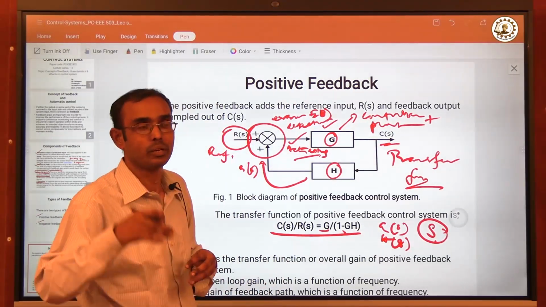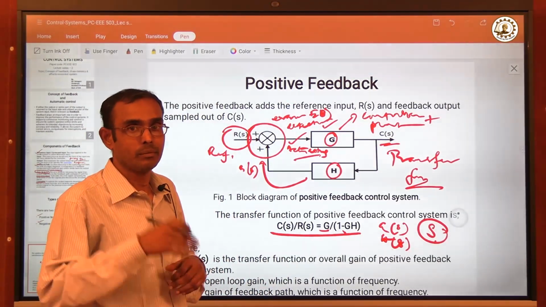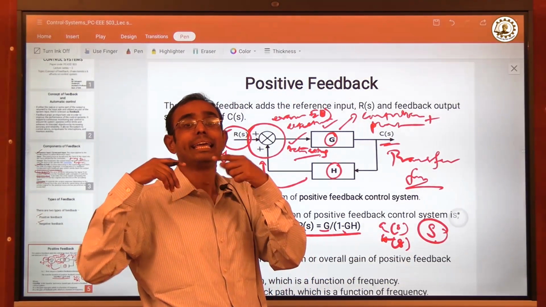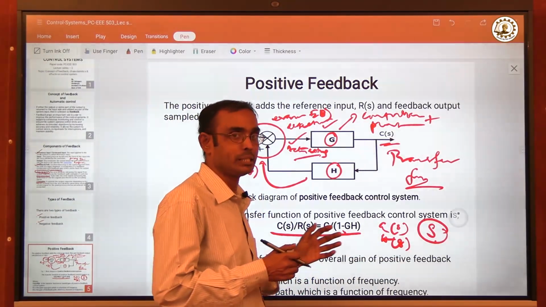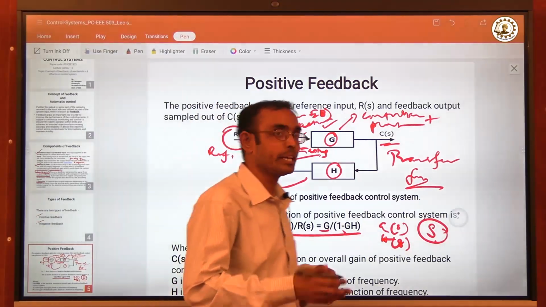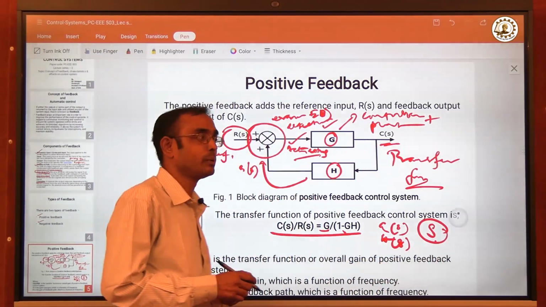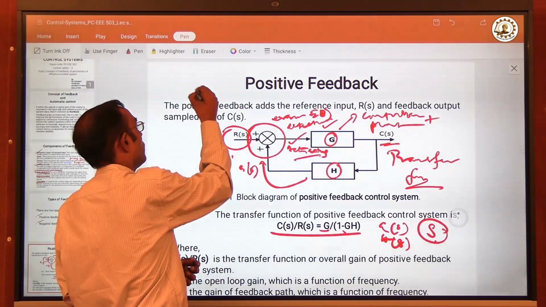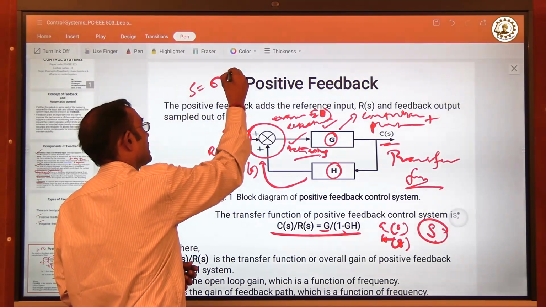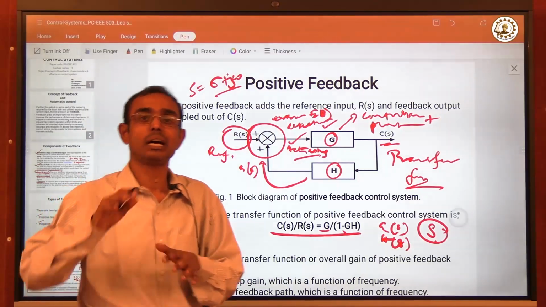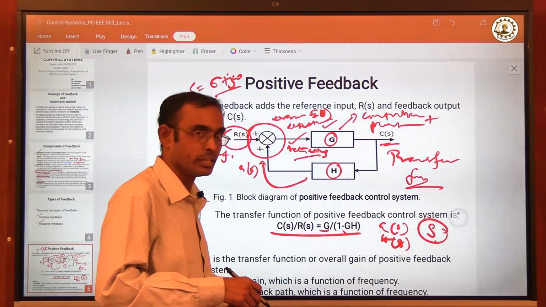In some next lecture, I will be discussing the S-plane mapping of the control system. Then I will explain further regarding this S. It has two components. One is sigma and another is j omega, and S is denoted by sigma plus j omega. What is sigma, what is j omega, I will be discussing in my next lecture.